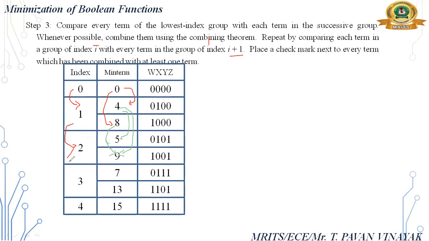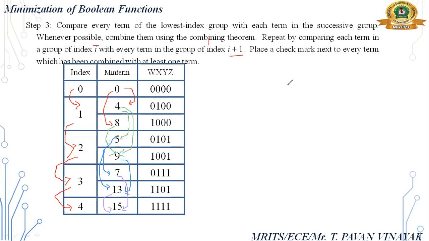Next you compare groups 2 and 3: 5 and 7, 5 and 13. 9 and 7 is not possible, so compare 9 and 13. Next, groups 3 and 4: 7 and 15, 13 and 15. You have to compare these values.